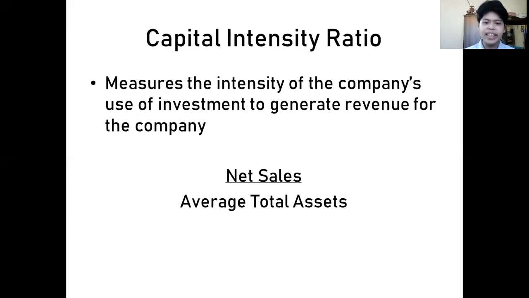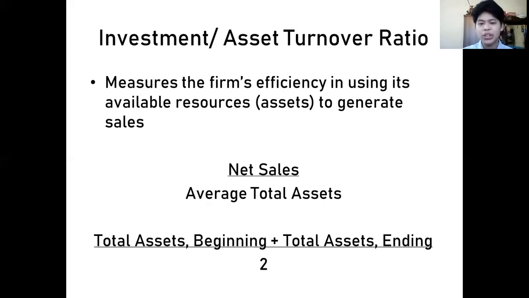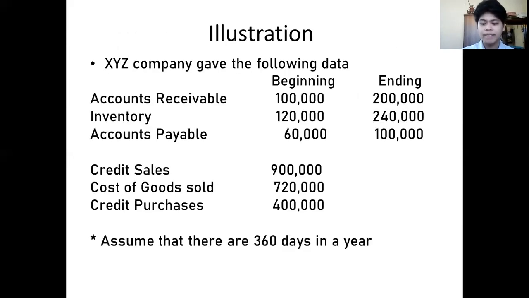Capital intensity ratio. Okay, kung napapansin nyo, yung capital intensity ratio, ito yung kabaliktaran ng asset turnover ratio. So ito, yung asset turnover, net sales divided by average total assets. Ito naman, baliktad.